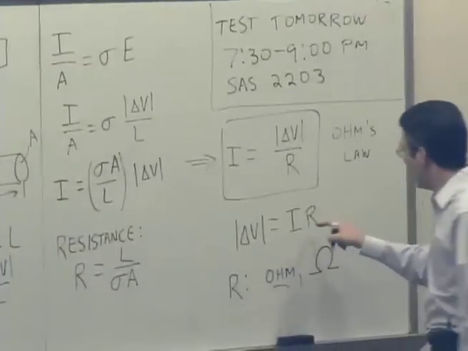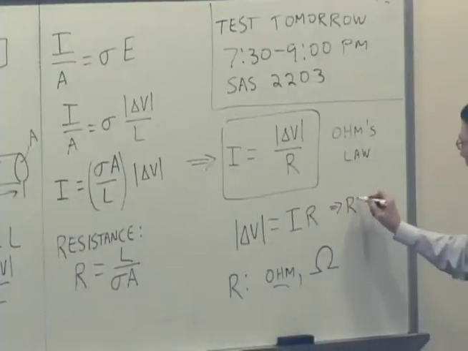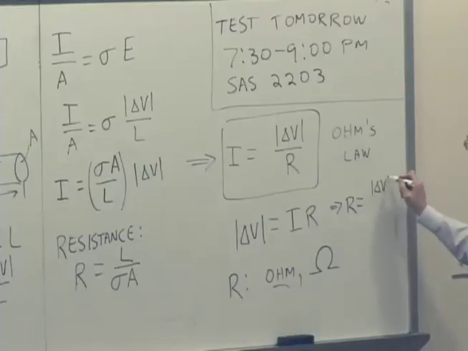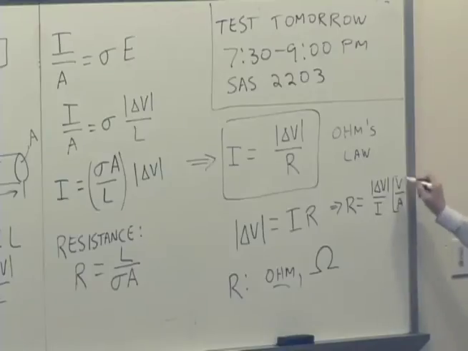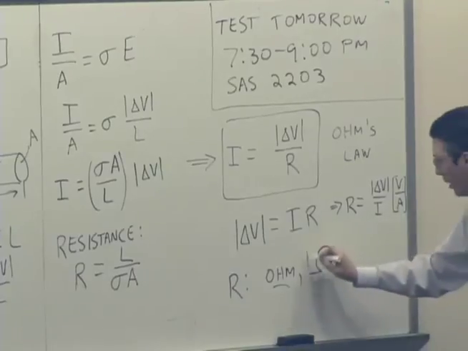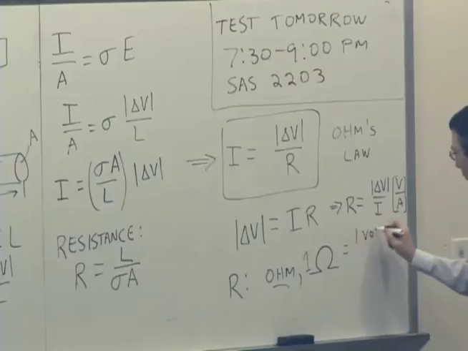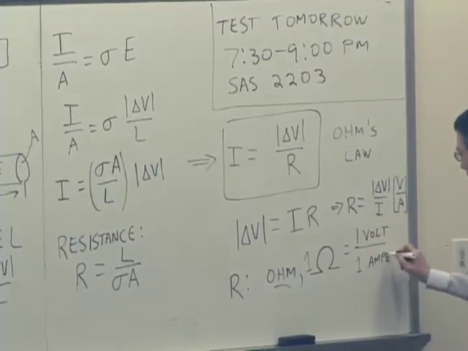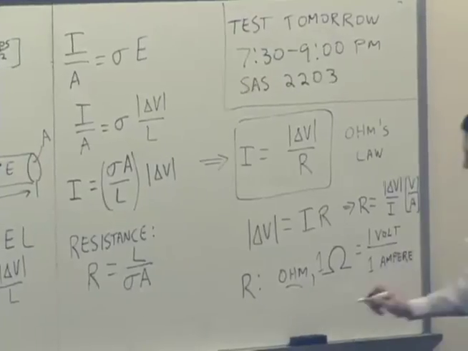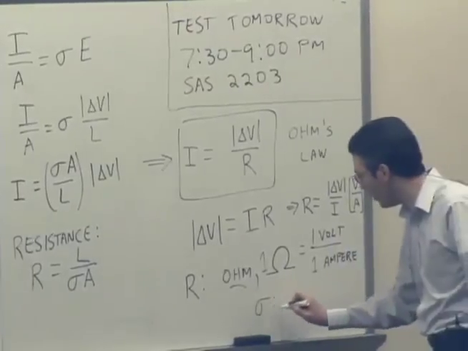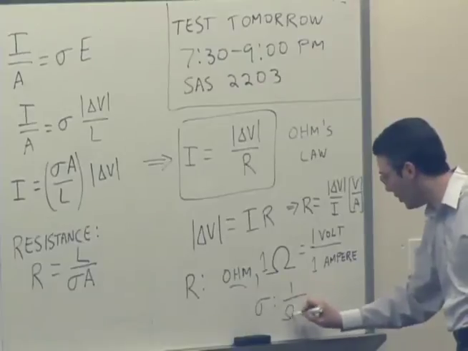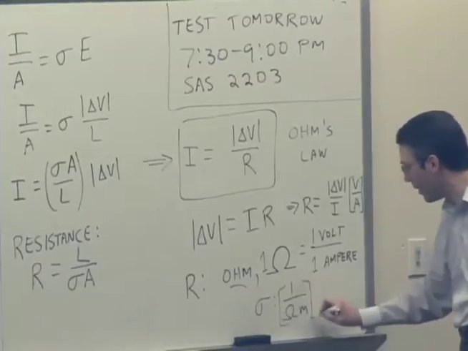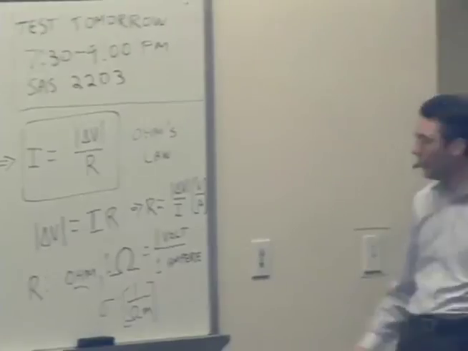Notice that I write R is equal to delta V over I. That's a volt per amp in units. That's 1 ohm. So 1 ohm is equal to 1 volt divided by 1 amp here. Which means conductivity can be written in units of 1 over ohms times meters. Okay, so you may see that unit as well.